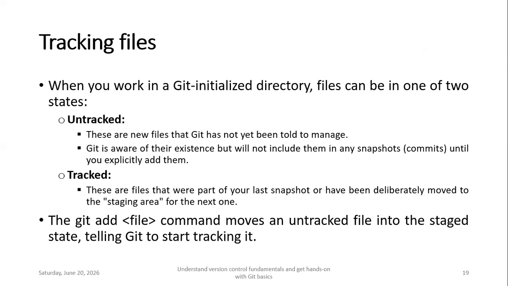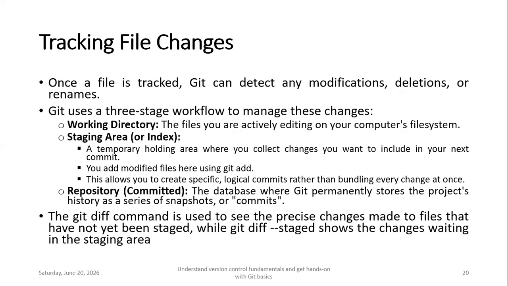Now I have already explained everything written in this slide. So what I told you is that this is the three-stage workflow. As you know, this is workflow management as well. You create a file, or you modify a file, or you delete a file, or you rename a file. Git will automatically detect these modifications.